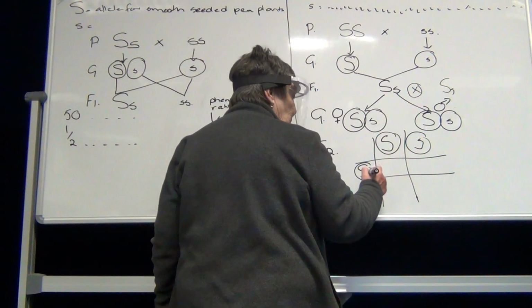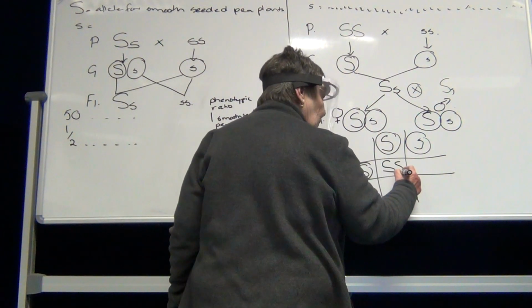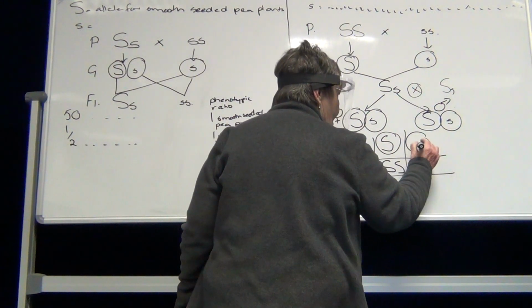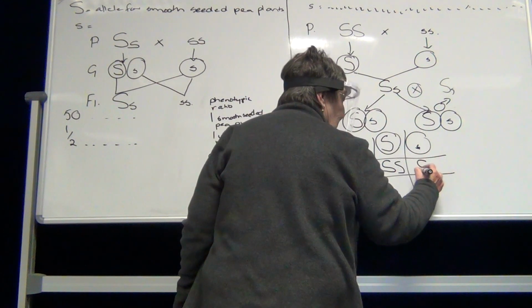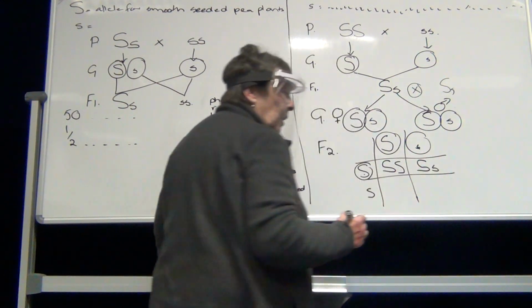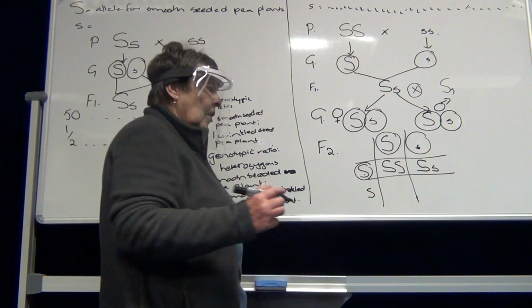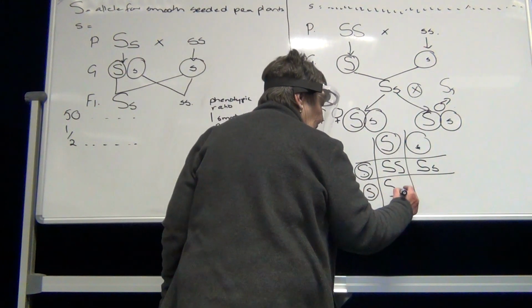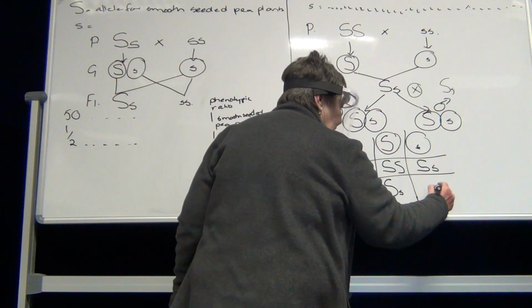Big S, big S. Big S, big S. Big S, little s. Remember, scientific convention is you put the big one first. Always. Okay, so let me do this. Big S, little s. Little s, little s.